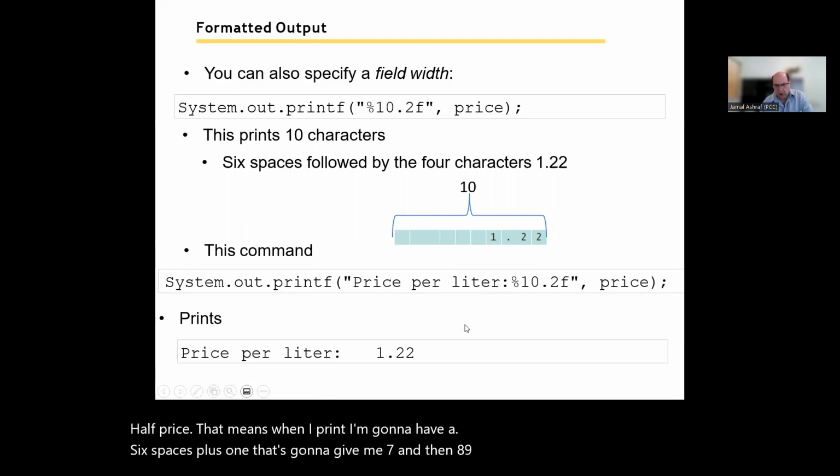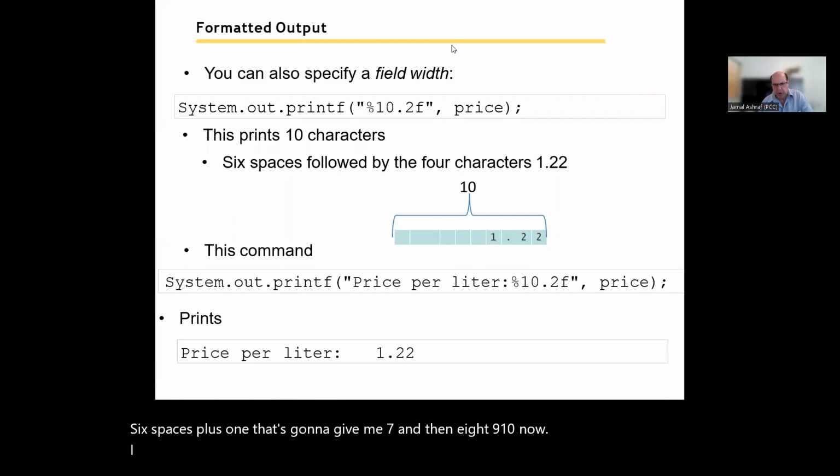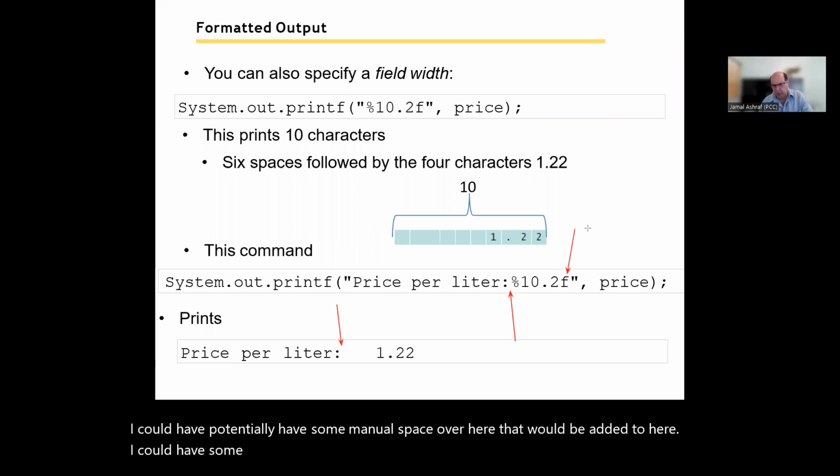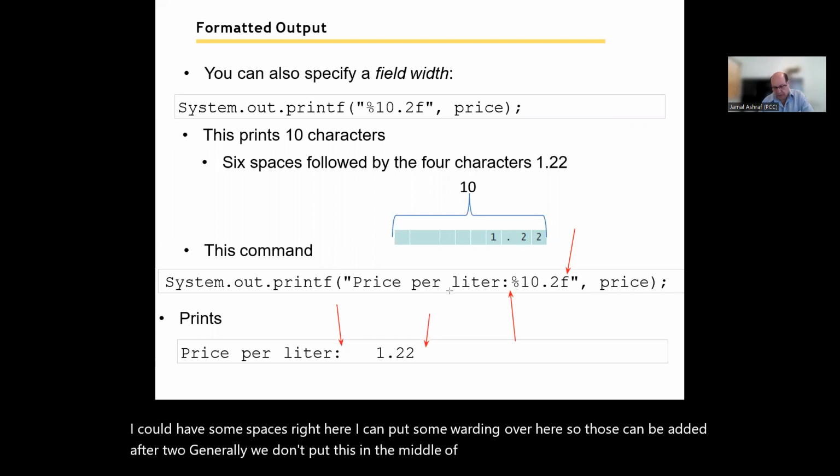Now, I could potentially have some manual space over here that would be added to here. I could have some spaces right here. I can put some wording over here. So those can be added after 2. Generally, we don't put this in the middle of the text, but if you want, you can do that too.